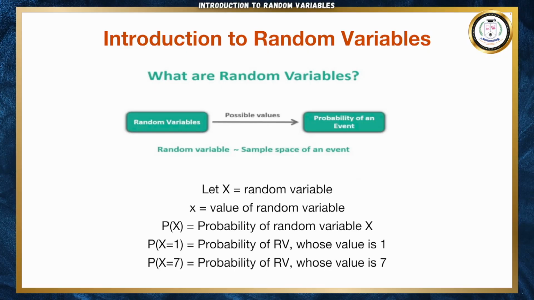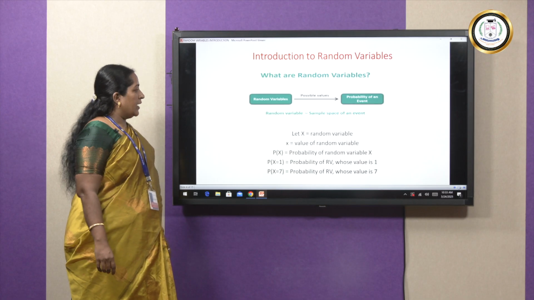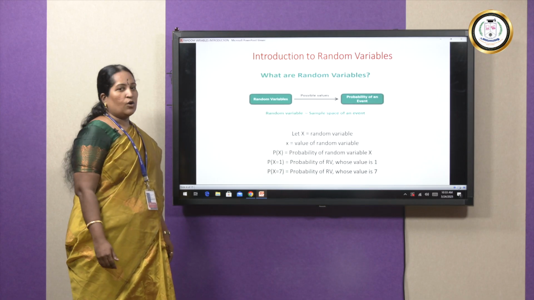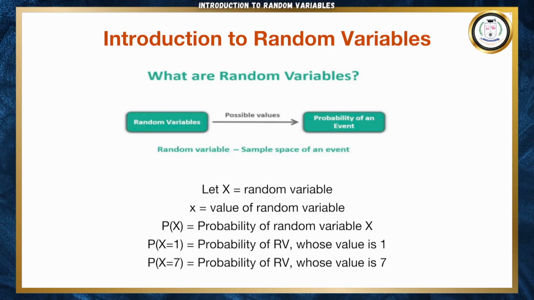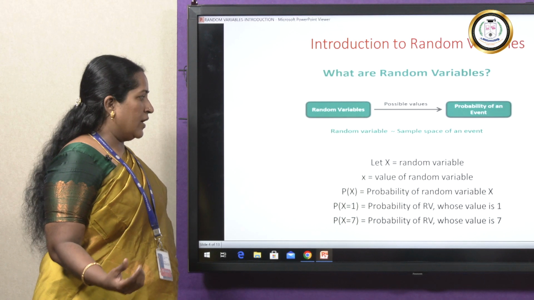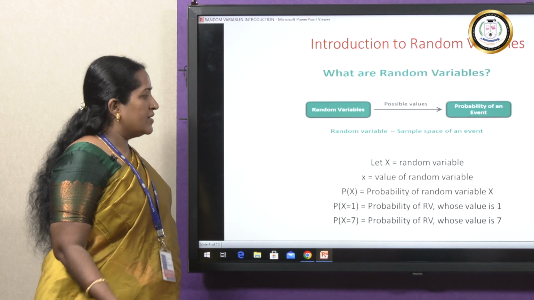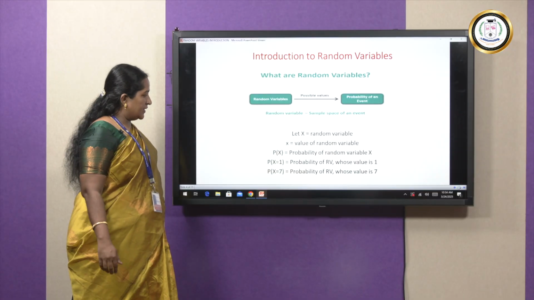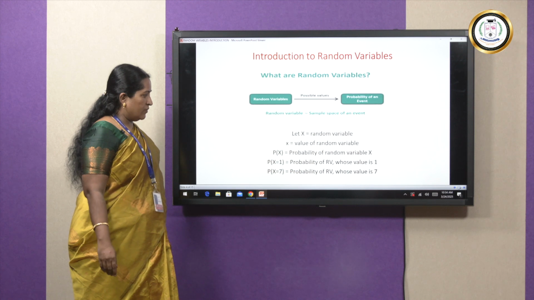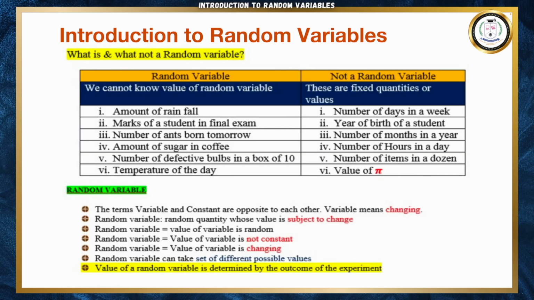We denote X as a random variable and small x as the value of the random variable, and P of X is the probability of the random variable X. We can write this probability as P of X is equal to 1, which is nothing but small x taking the value 1, the probability of the random variable whose value is 1. Similarly, we can have X is equal to 7, which is the probability of the random variable whose value is 7. Next is, what is a random variable and what is not a random variable.